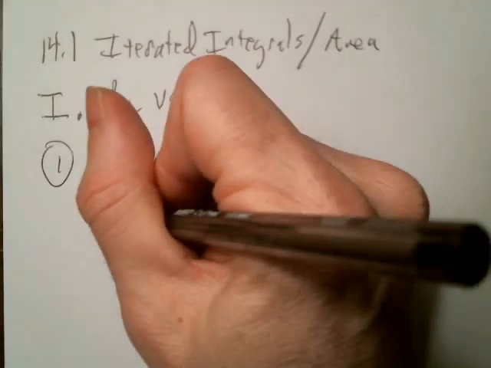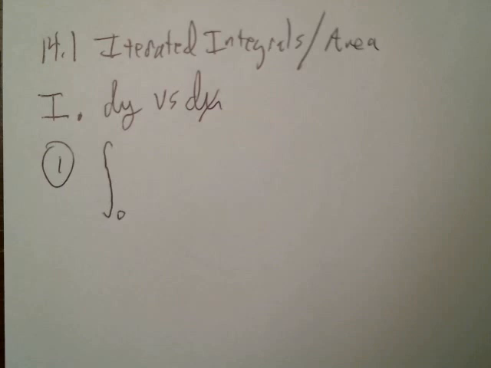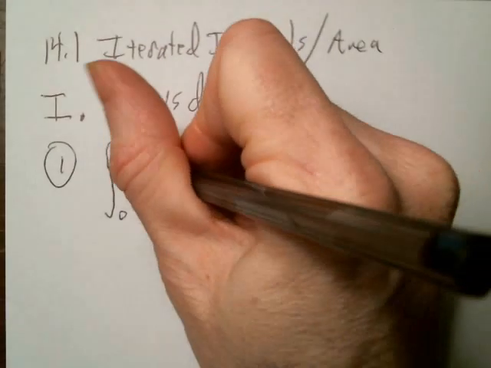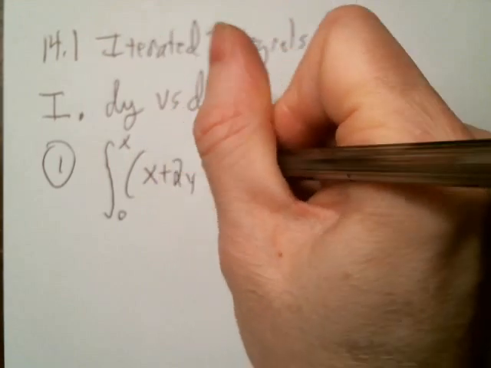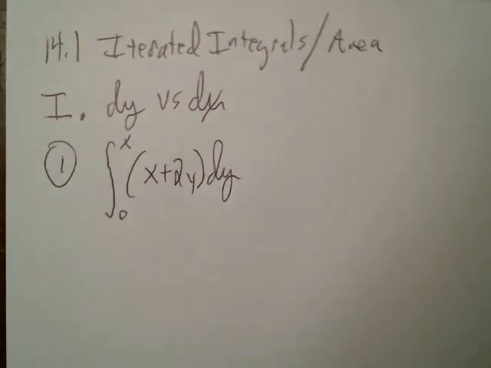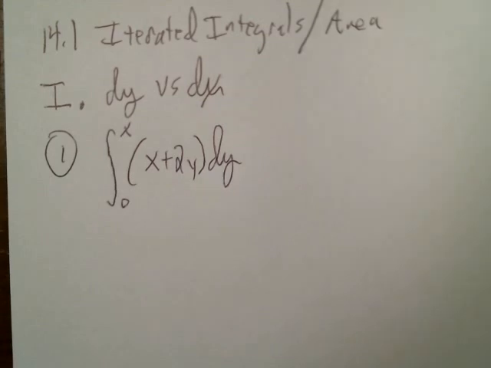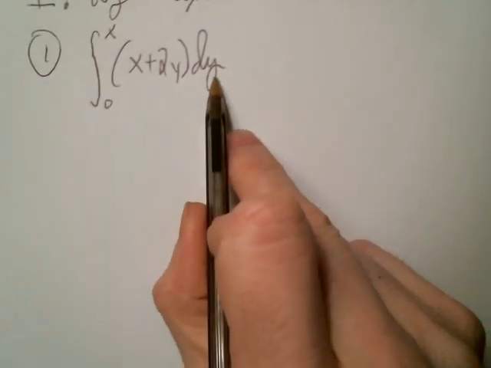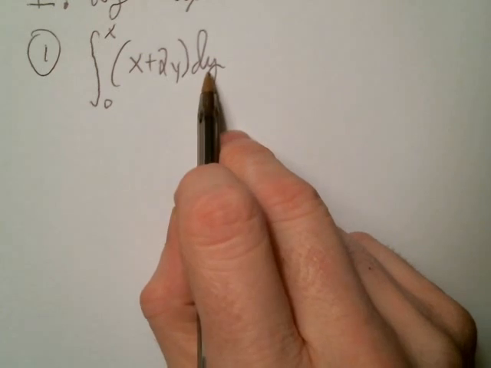Okay, so let's look at the first problem in the old book, 0 to x, and we have x plus 2y dy. Okay, so in this case, the variable that we're integrating with respect to is just y.